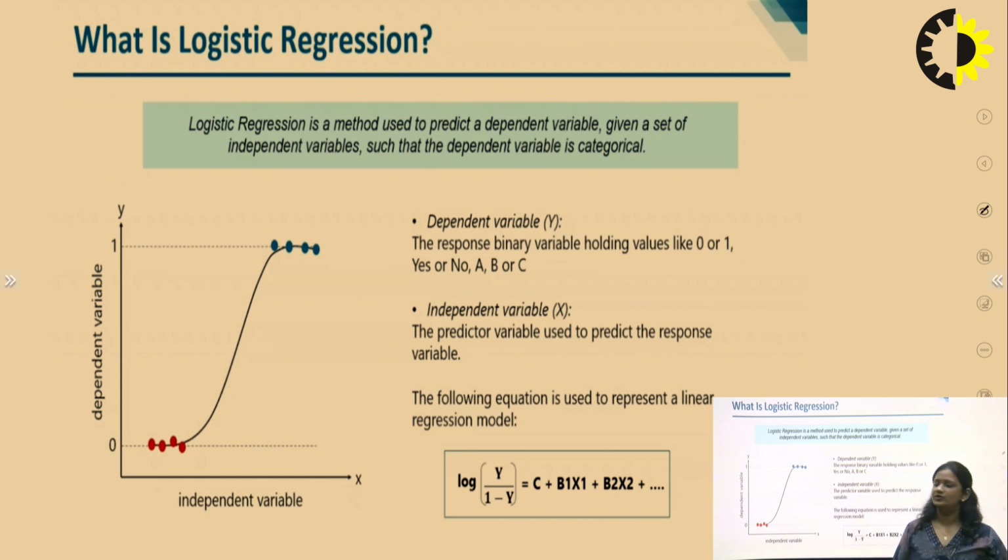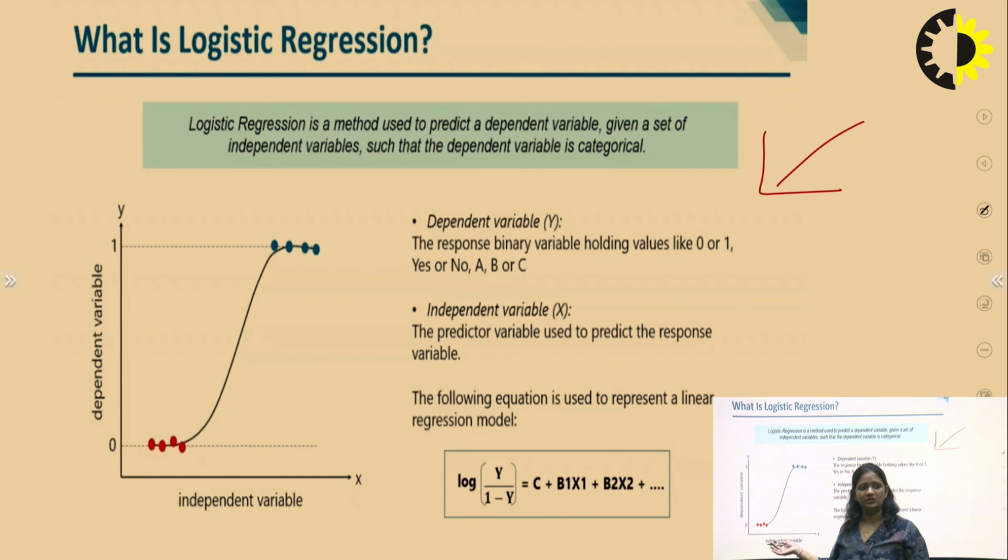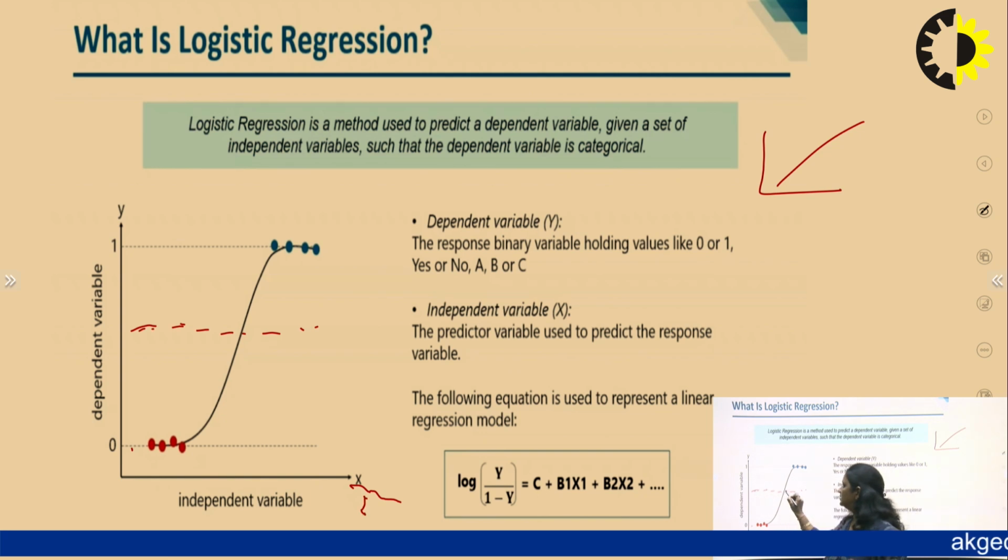In linear regression, the graph is a straight line, as there is a linear relationship between the dependent and independent variables. But in logistic regression, because it is based on the sigmoid function, which ranges from 0 to 1, the graph is like this. This is the 0 value and this is the 1 value, and the middle value is a threshold value, which we consider at 0.5.